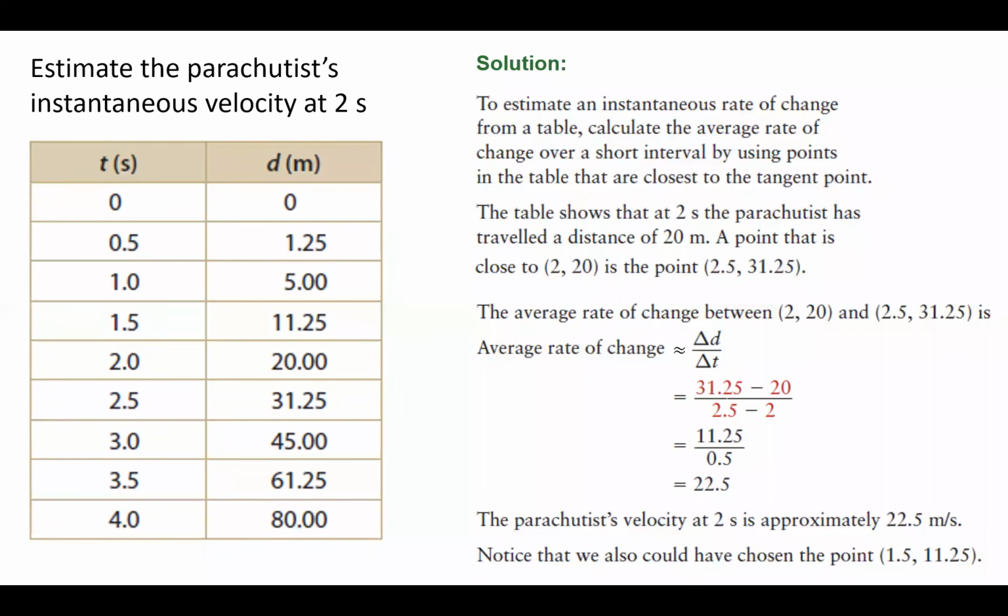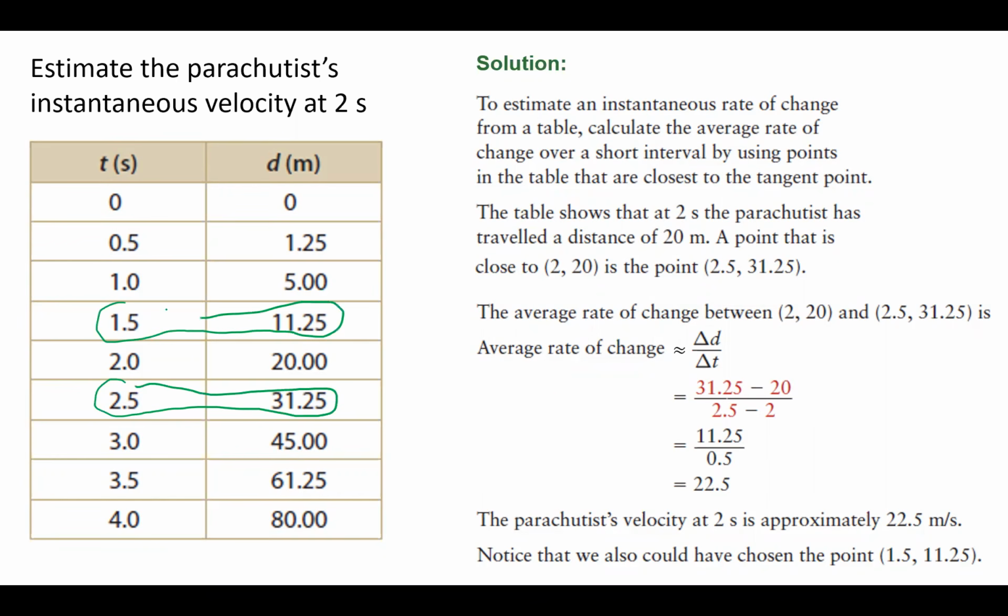Because the table here shows that at 2 seconds, the parachutist has traveled a distance of 20 meters, right? Therefore, a point that is close to 2 is either the point here or the point here, right?